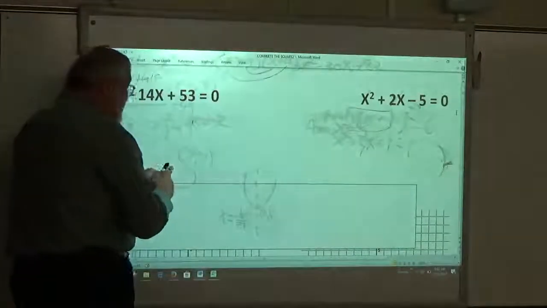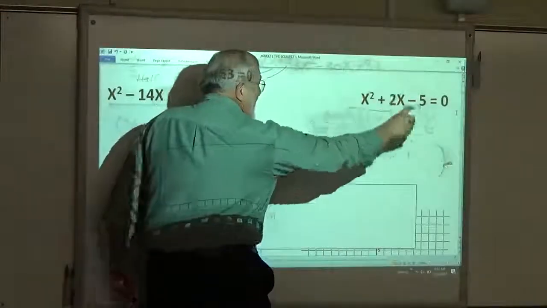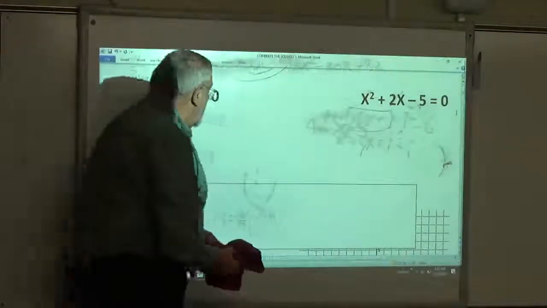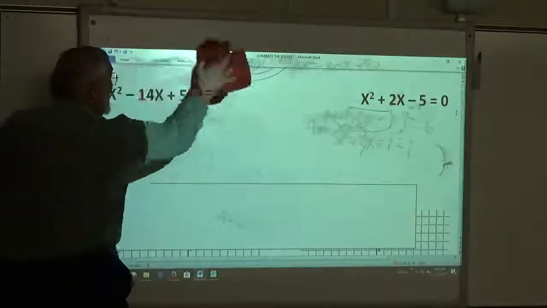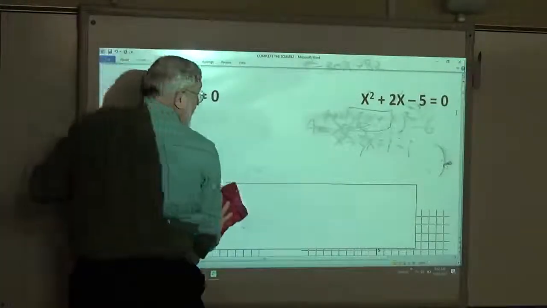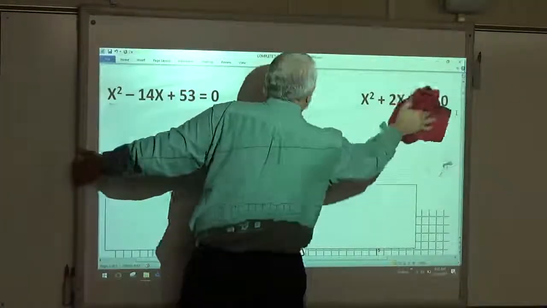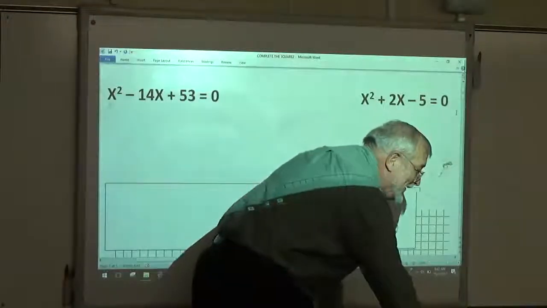And most of what you're going to see are going to have that in it because most of your quadratics are going to be 1x squared problems. However, to make your algebra harder, they have some that are not.